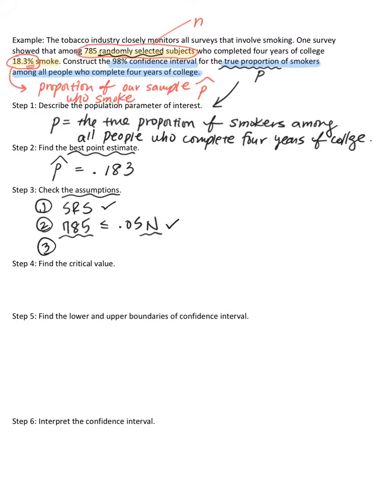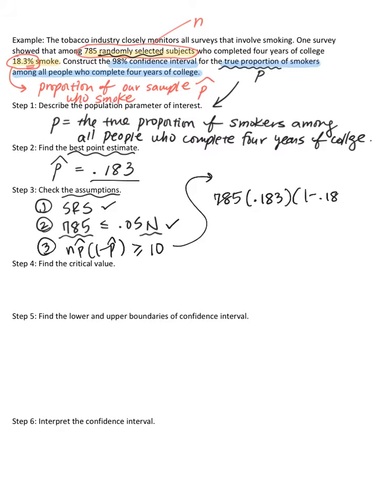Number 3, we're going to check to see if N times P hat times 1 minus P hat is greater than or equal to 10. Let me come over here to do the calculation. 785 times 0.183, that's P hat, times 1 minus 0.183.